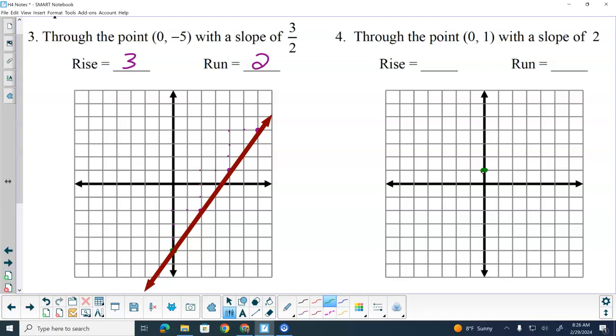So I could put this as 2 over 1, right? Okay, now what's my rise? 2, what's my run? 1, yeah, exactly. Which means, from this green dot up 2, right 1, right?